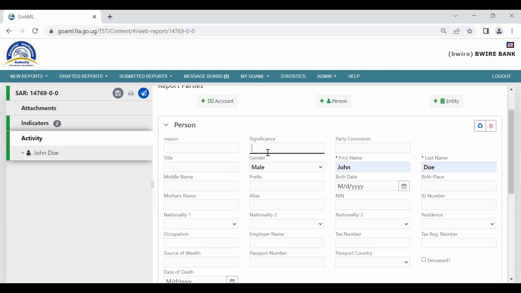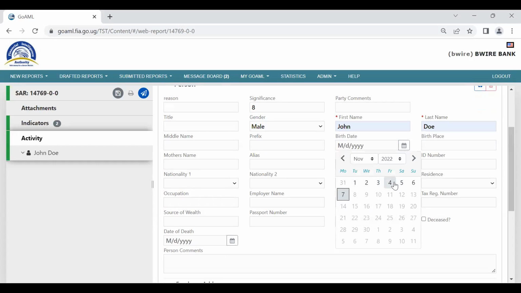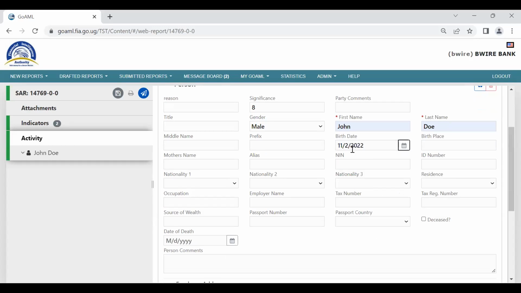And the significance is on a scale of 1 to 10. How do you rate, how red hot is this? How do you rate it in terms of suspicion? So I'll give it an 8 because we know the company is fleecing people. So that is the individual. If you're able to get the date of birth details, you can input them.